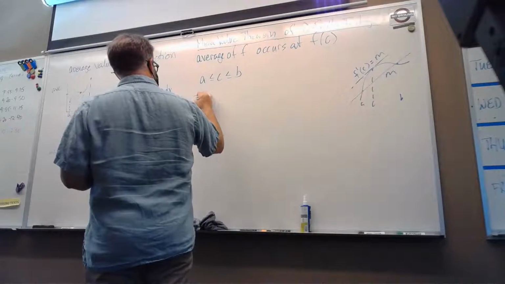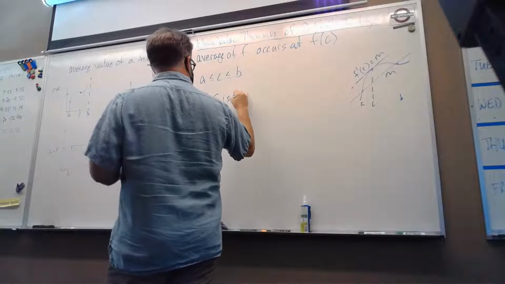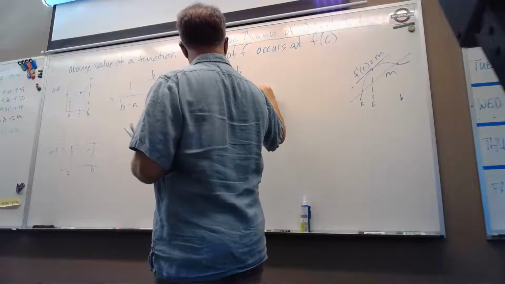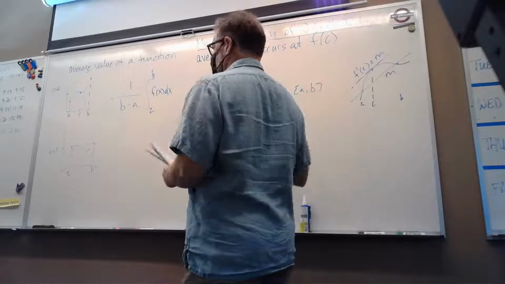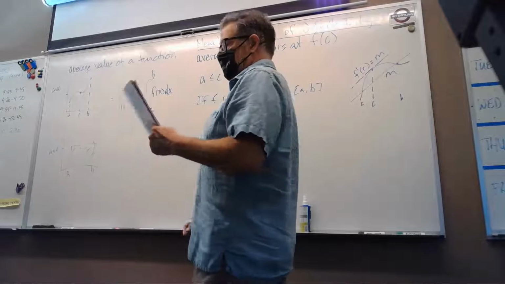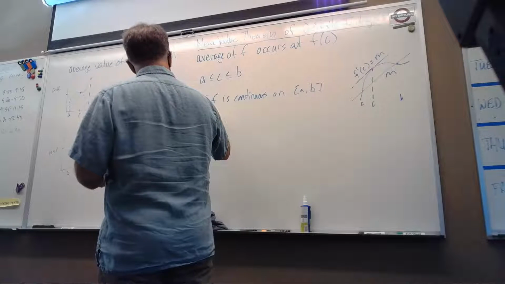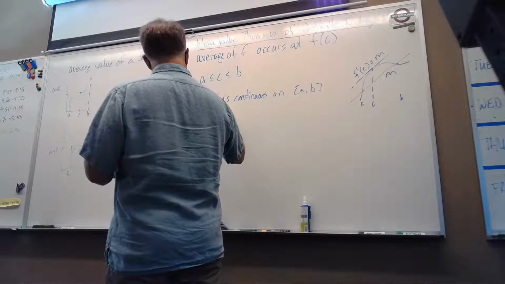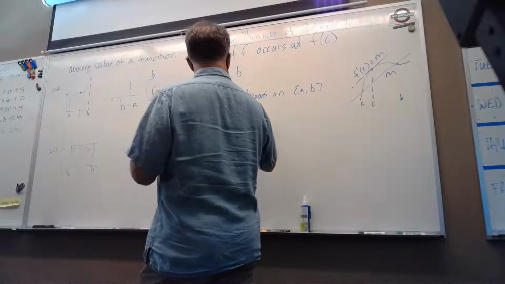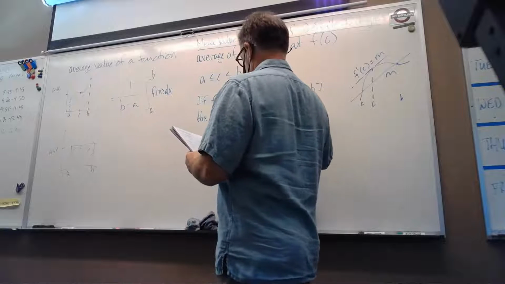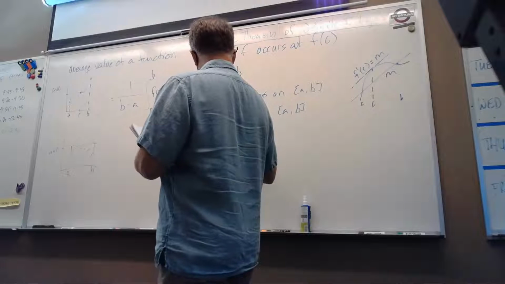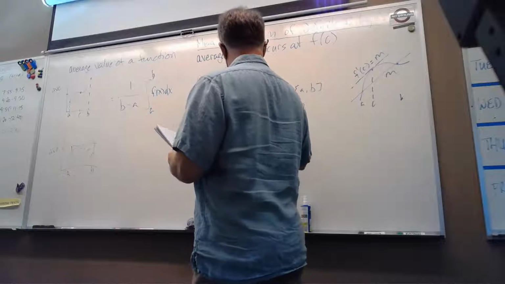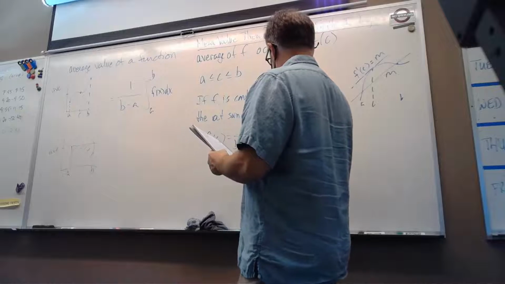So the official language: if f is continuous on the interval [a, b], again, if the function suddenly just jumps, it doesn't apply, then at some point c in [a, b], f(c) equals 1 over (b minus a) times the integral, and this is the average value of the function.